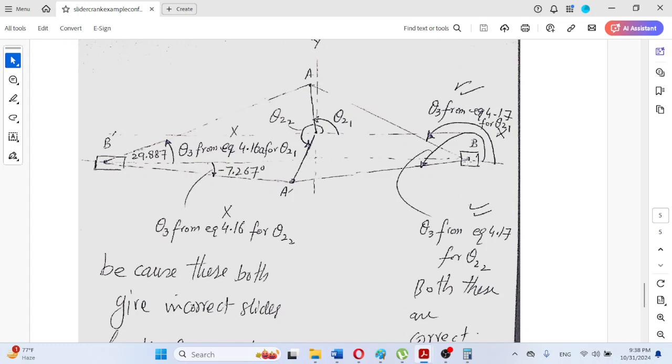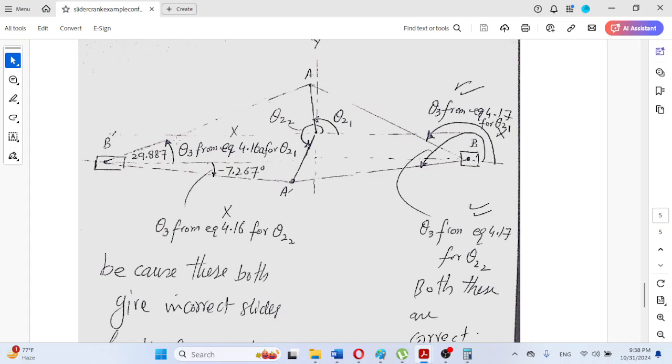So we will only be accepting those values of theta 3 for the connecting rod, for both the open and close locations of this crank, which will be giving the correct values of the slider and the locations of the connecting rod.